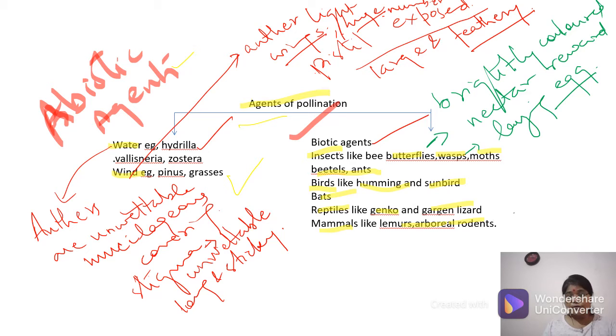And if you look at their features, the anther is sticky and heavy, and therefore it sticks to the insects. The pistil part is inserted. Here the stigma and style are quite inserted.